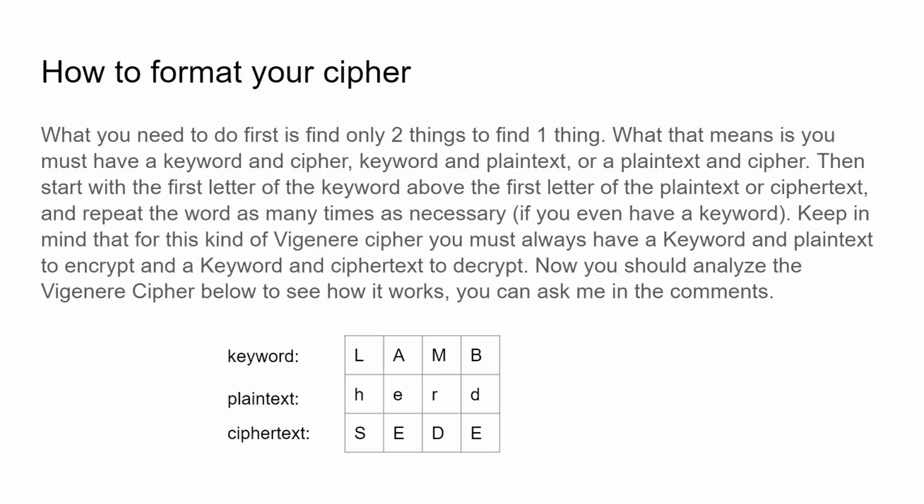Keep in mind, for this kind of Vigenère cipher, you must always have a keyword and plaintext to encrypt and a keyword and ciphertext to decrypt. So technically speaking, what I said previously was not useful, but it could be used later on.